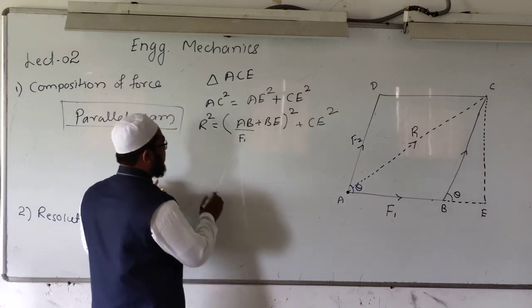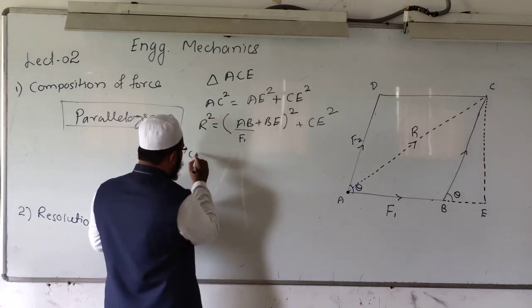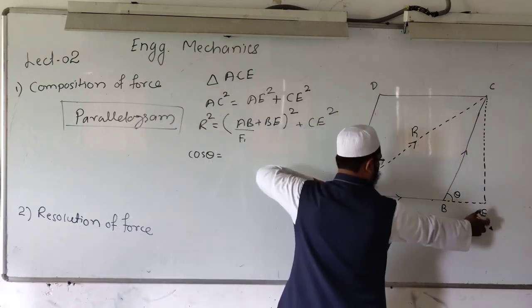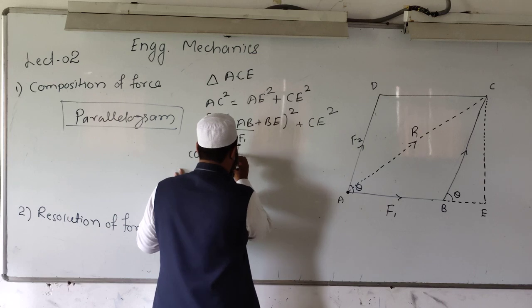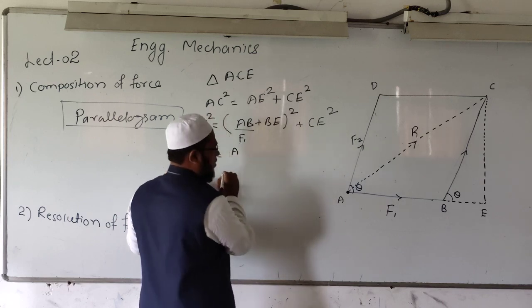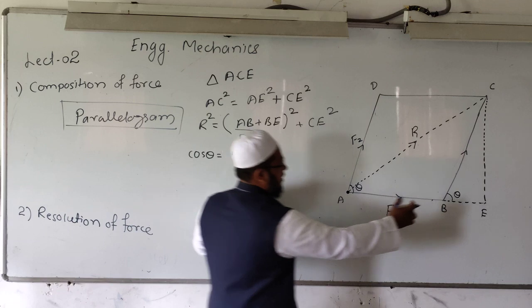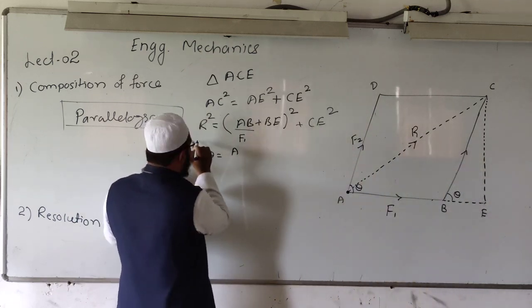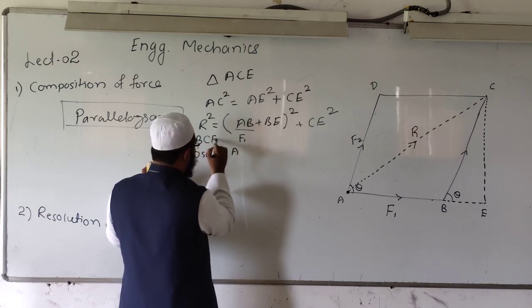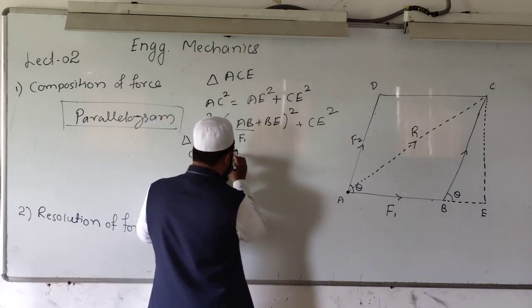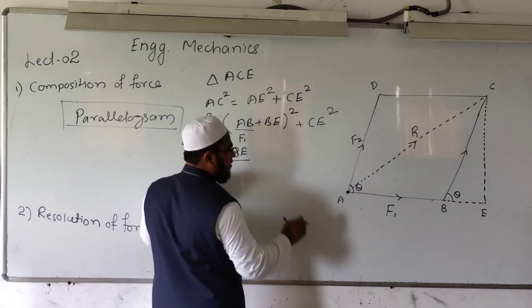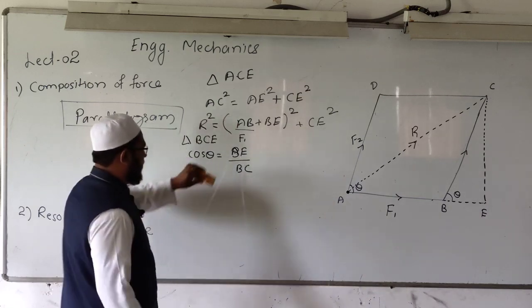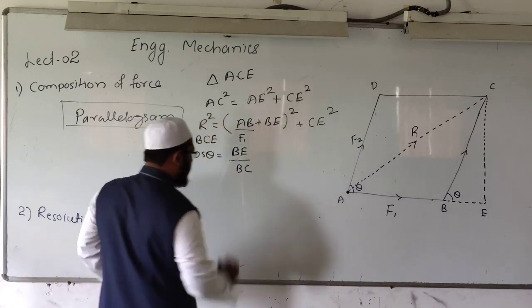So listen here, in triangle BCE, cos theta equals adjacent upon hypotenuse, BE divided by BC.